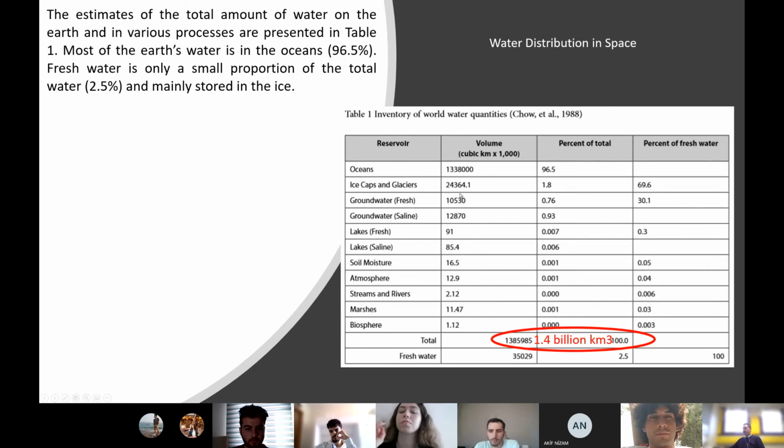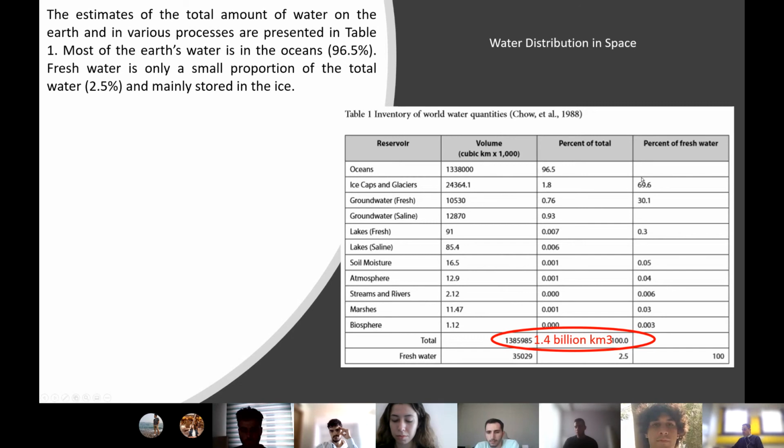In the table, the biggest part is ocean, 96.5%. After oceans, the biggest storage of water is ice caps and glaciers, which cover 1.8% of the total water of the world.